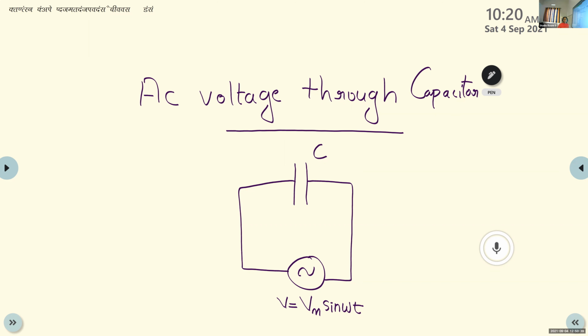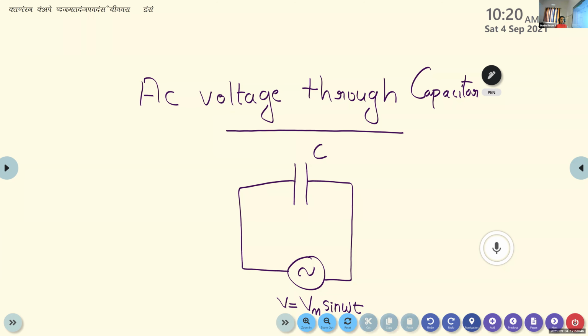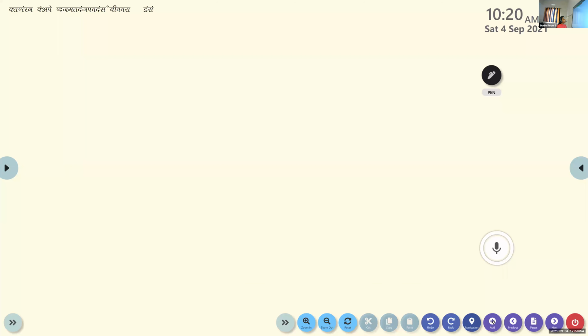Then the charge that is stored by the capacitor is given by, what is the expression for the charge stored by a capacitor?